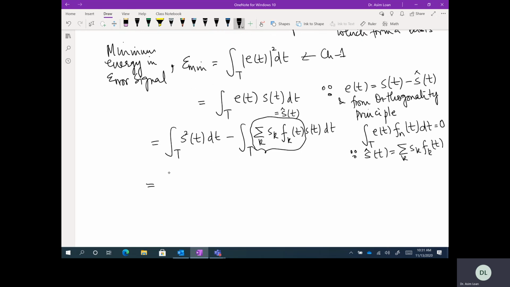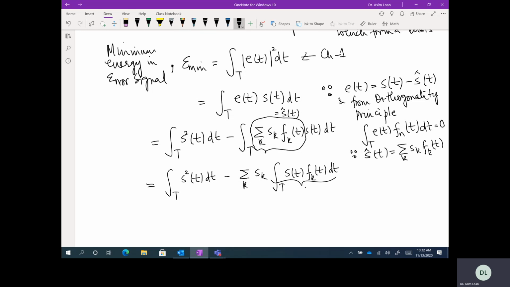So this is equal to the integral of s square of t dt minus the sum over k of s k, which is simply the projection of s of t onto f k of t, equal to s k.